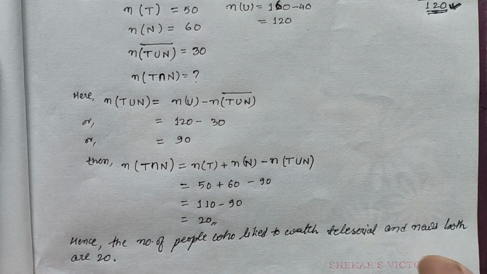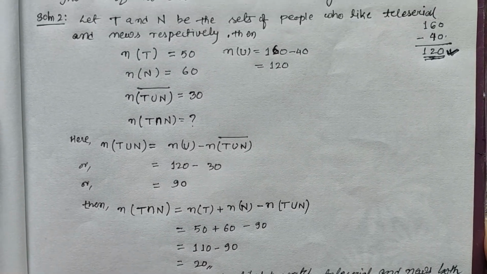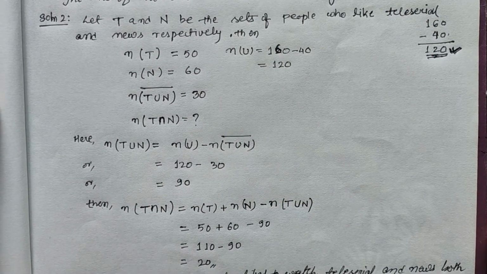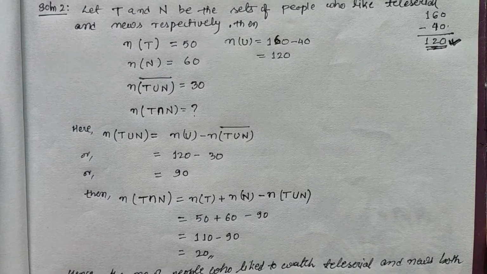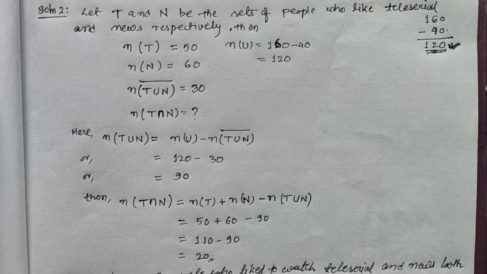So that's your final result for question number 2. The question does not ask to draw the Venn diagram, so we don't need to draw it. If it does not say to draw it, you don't have to draw it.